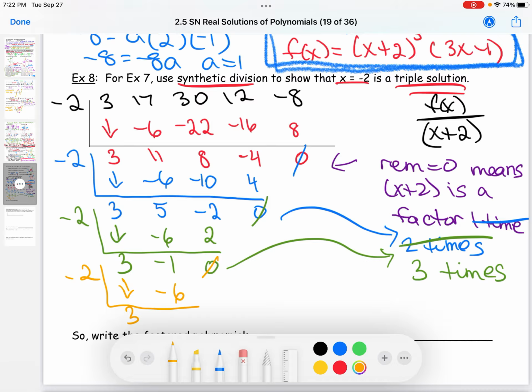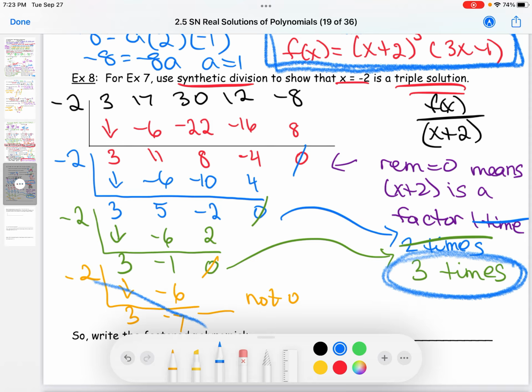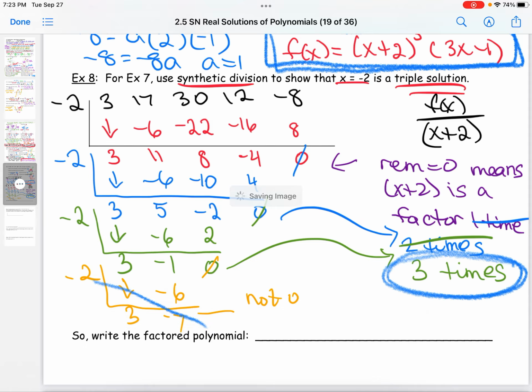Bring down that 3. Multiply, we get -6. Disregarding that 0. Adding, we get -7. So this remainder is not 0. So not a factor again. Okay, that last division did not work. So we only have a factor 3 times.